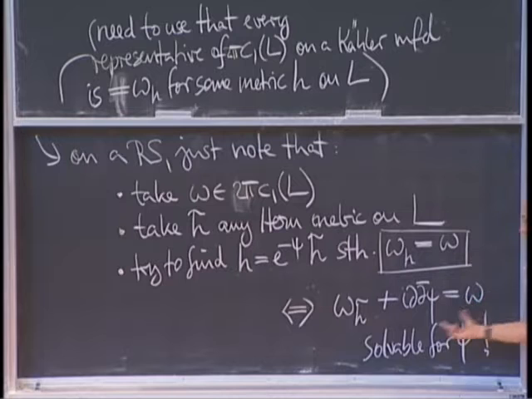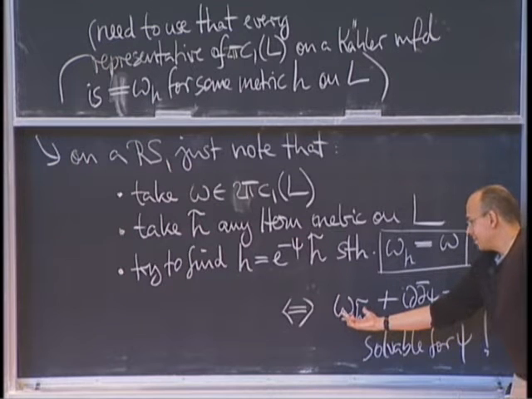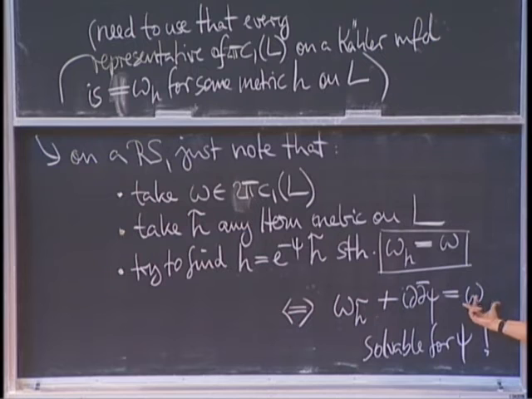Why? If you bring this guy to the other side, you're going to have the difference between these two forms, but they're representatives of the same class of 2 pi times the first Chern class of the line bundle. So that difference is 0 in cohomology. So if you integrate the difference, you get 0. So all you're doing is solving the Laplace equation where the right-hand side has average 0, and that can be done uniquely modulo adding a constant.